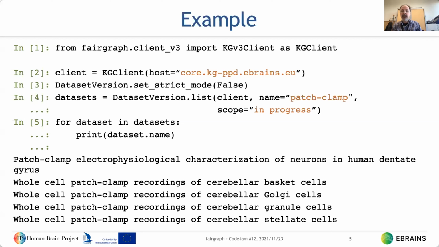I would strongly recommend that, at least for experimentation, if you want to play with Fairgraph, you always try to use the PPD server, just to avoid filling up the production server with lots of experiments and tests. If you actually want, of course, to access the production data, then you can replace this with just core.kg.ebrains.eu.